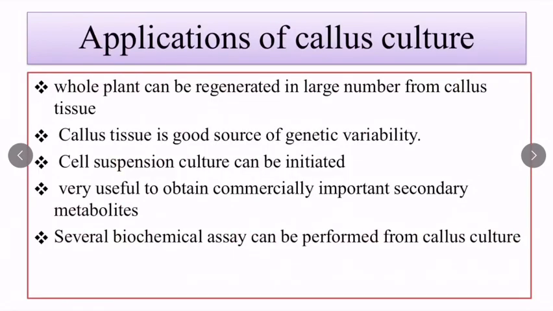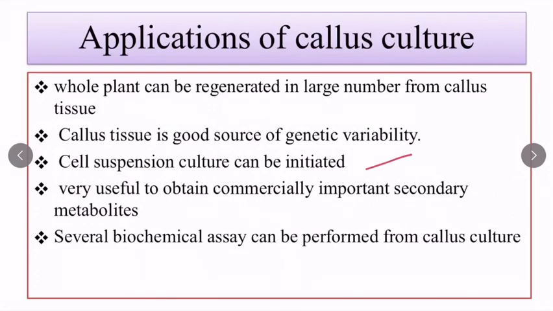There are various applications of callus culture. Whole plants can be regenerated in large numbers from callus tissue. Callus tissue is a good source of genetic variability. Cell suspension culture can be initiated. What is meant by cell suspension culture?